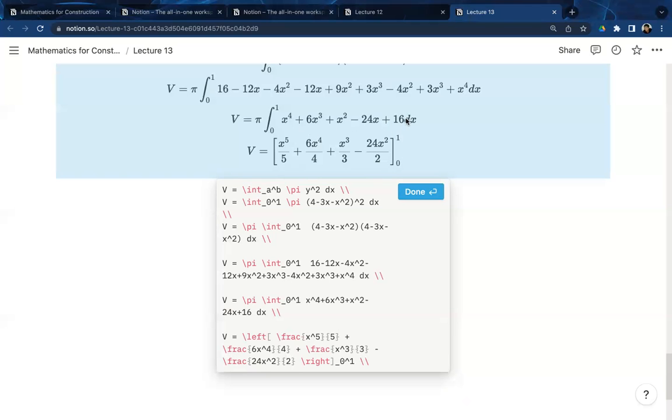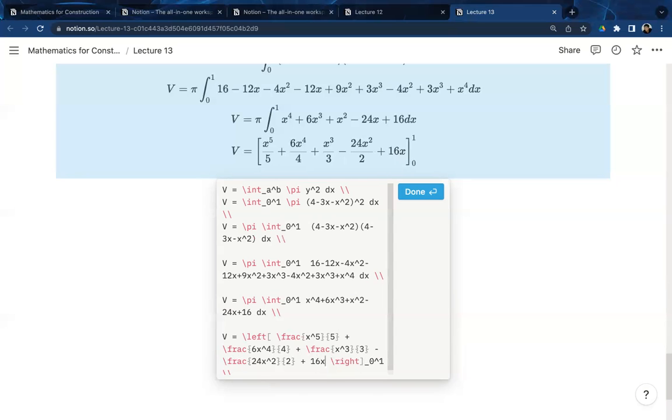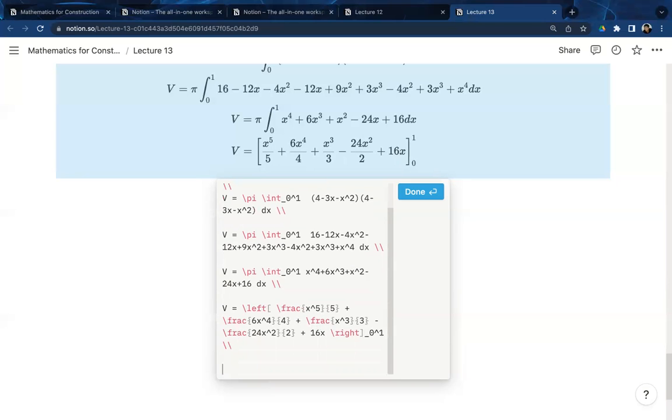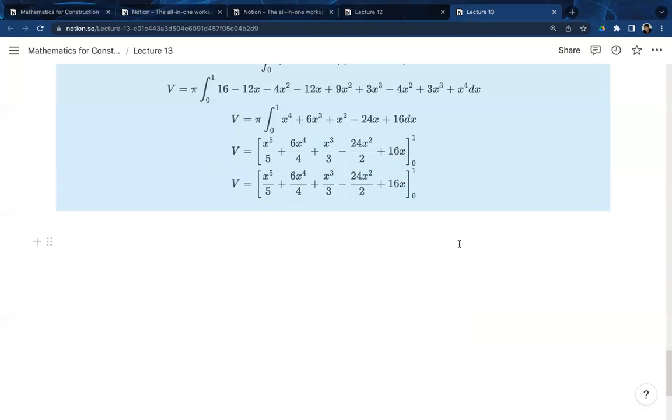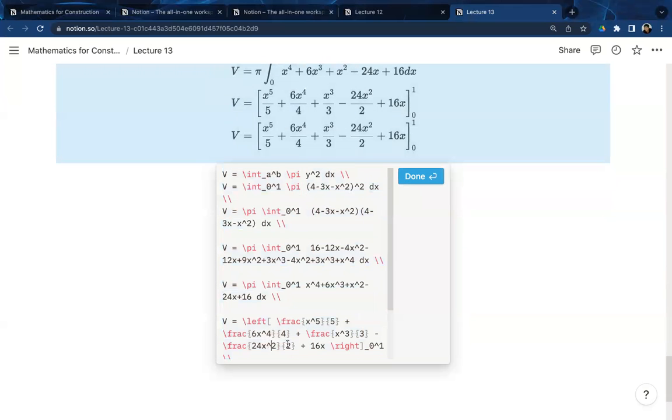And the 16, the integral of 16 is just 16x, right? So the 6 over 4 is a 3 over 2. The 24 over 2 is 12, right?